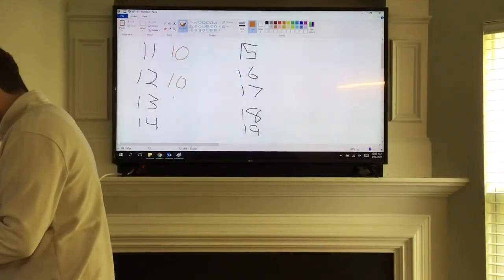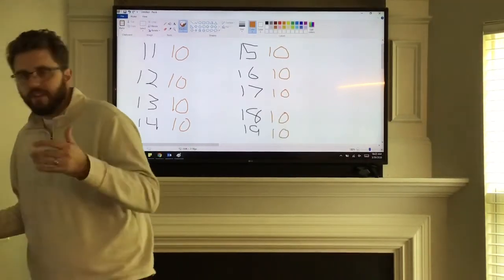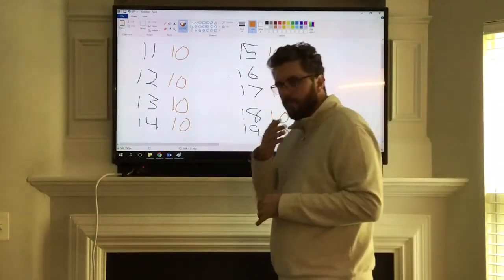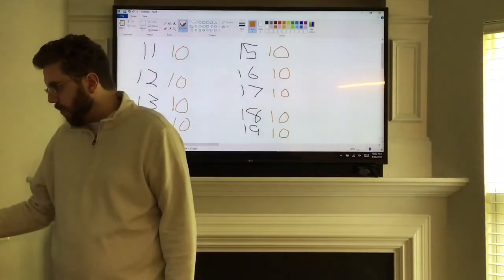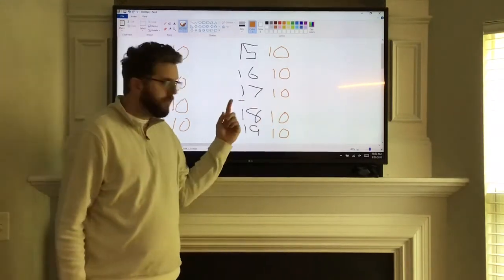10, 10, 10, always going to have that base of 10 when we're breaking these, decomposing these numbers. And that's what this 1 represents. The 1 is the 10.